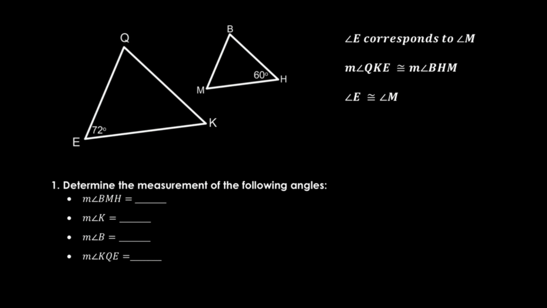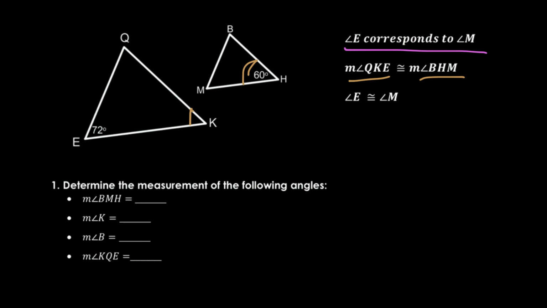Now, we can combine this knowledge with a problem that looks like this, where we are given specific pieces of information on each triangle. We are told that angle E corresponds to angle M. We are told that the measure of angle QKE, so this angle here, is congruent to angle BHM.